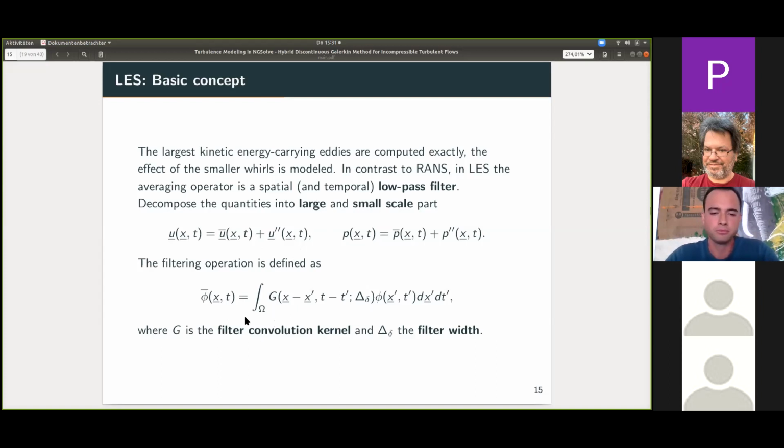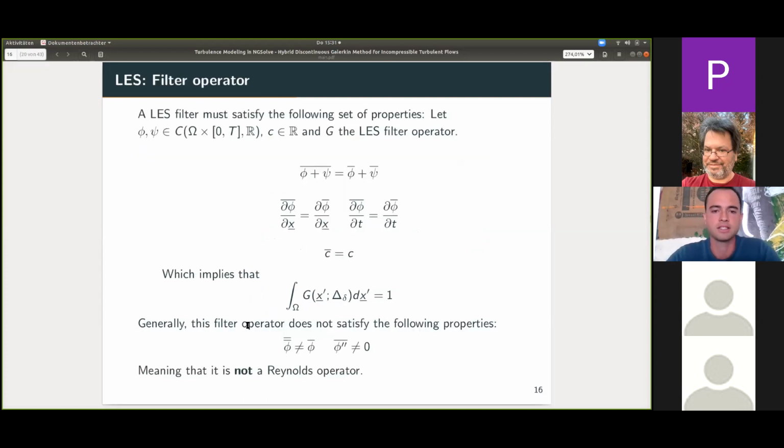And there are different kernels such as the Gaussian kernel, the top-hat kernel or the sharp Fourier kernel. But mainly this filtering operation has to satisfy a set of properties which are quite similar to RANS but not the same. So this filter operation has to be linear, commute with derivatives, and with constants.